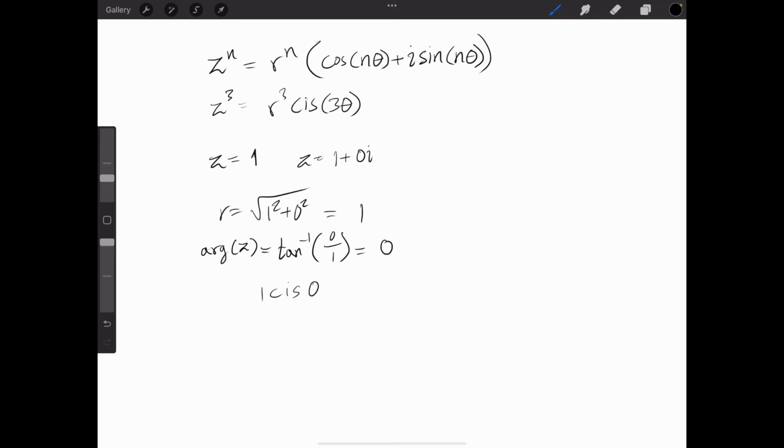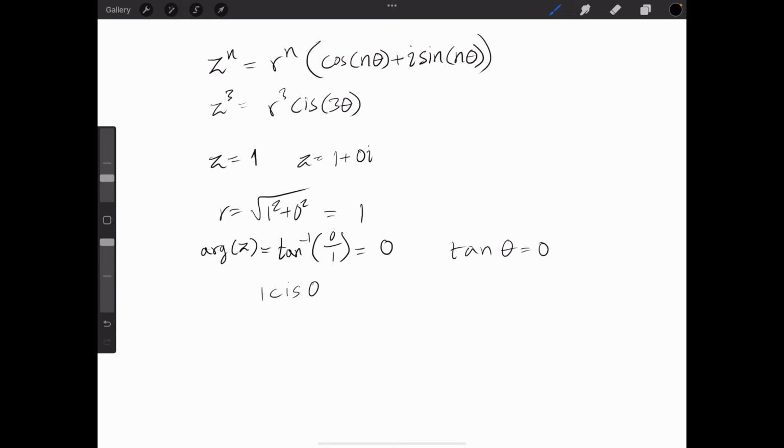But how many different ways can theta be written such that tan of theta equals 0? Well, you can have tan of 0, which just gets you 0.